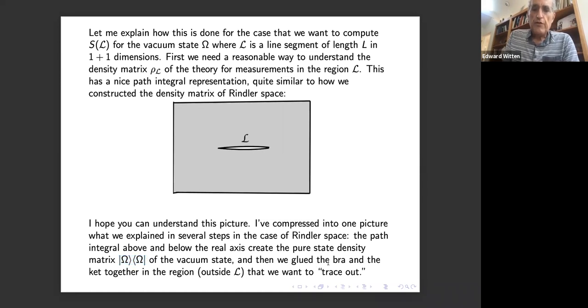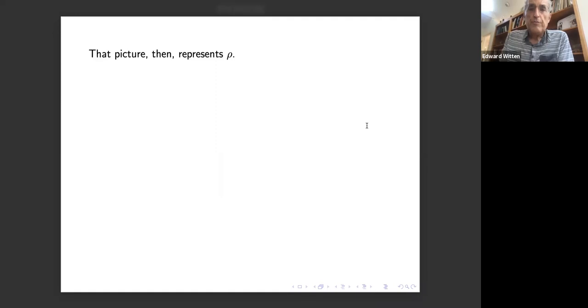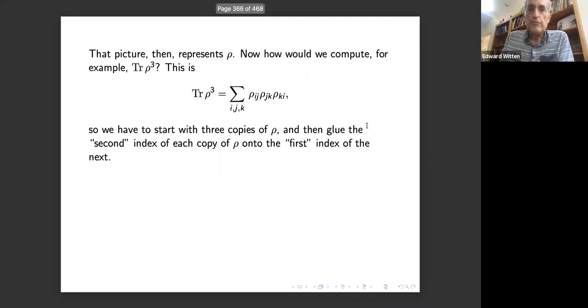But then we glue together the bra and the ket in the region outside of L that we want to trace out. So we make the gluing to the right of L and also to the left of L, and we only have a cut along L. So we have the plane with a cut along L.